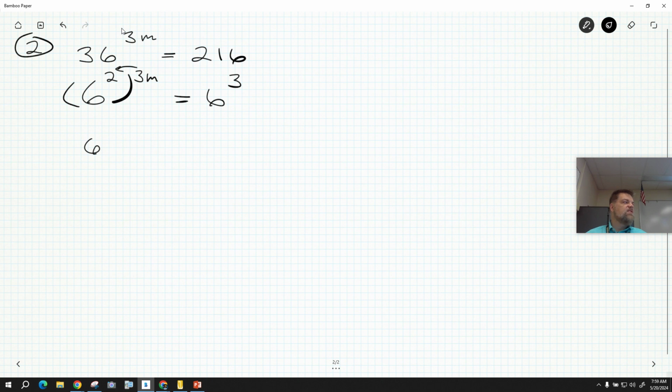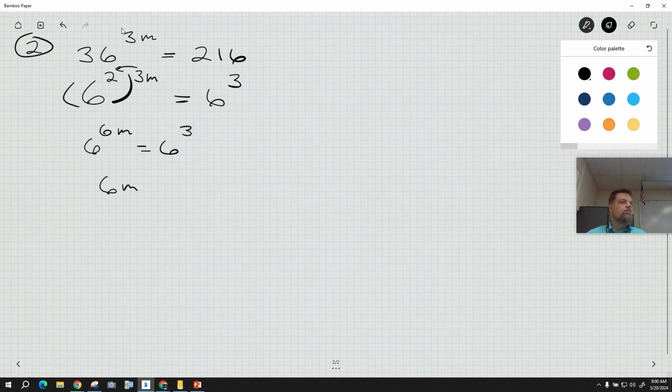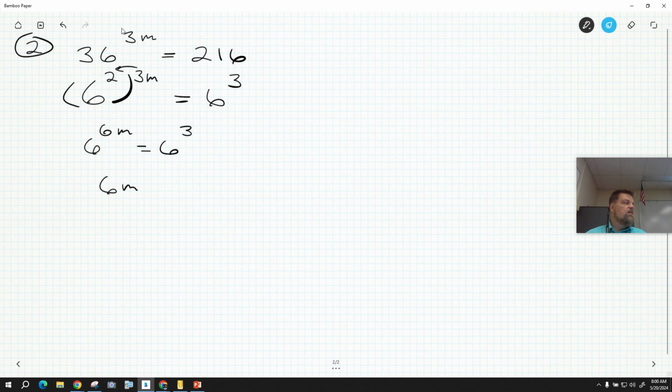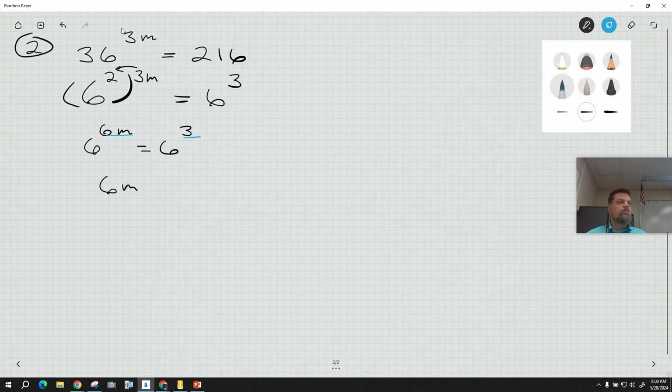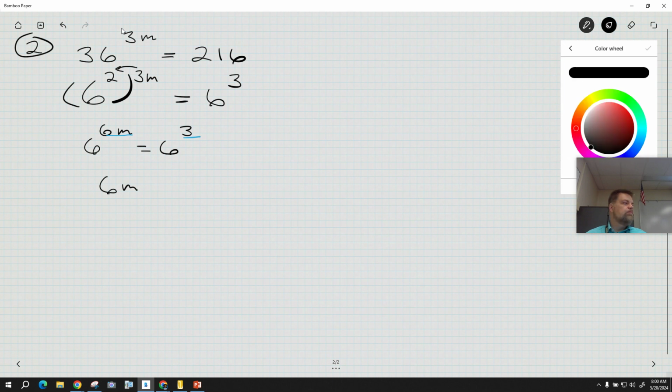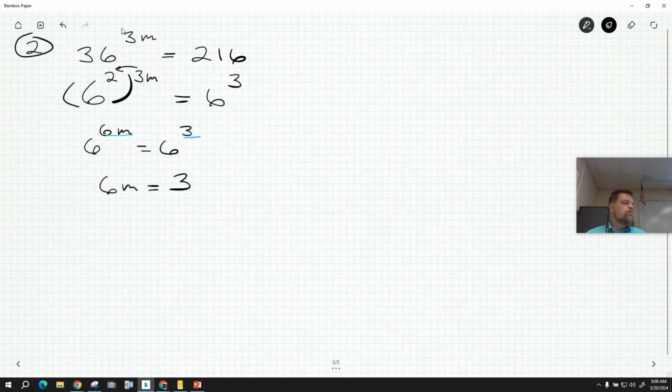So this is really 6 raised to the 6m equals 6 to the 3. So then you would say 6m equals 3, right? Divide both sides by 6, and I get m. 3 over 6 reduces down to 1/2, right?